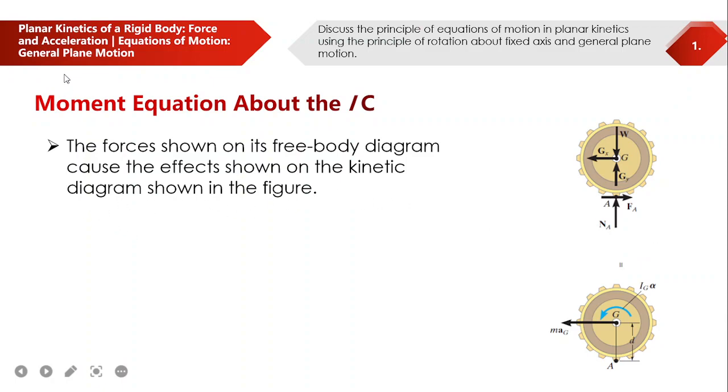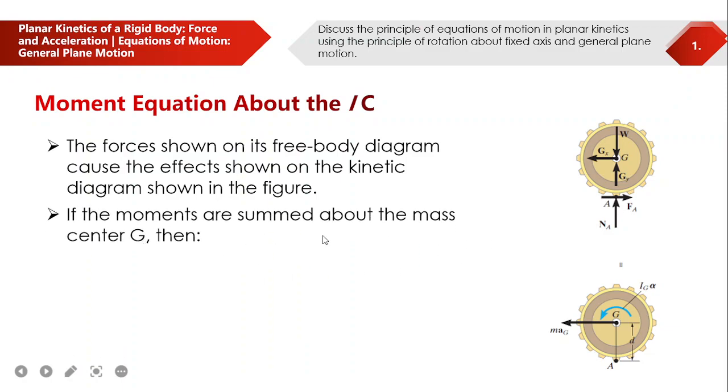So, ito din yung kinetic diagram niya, which is the I sub G alpha is the moment. We have also the M times A sub G, then also the point A, we have your D, or the radius of the roller. Then this is your kinetic diagram. So, ano bang meron dito?